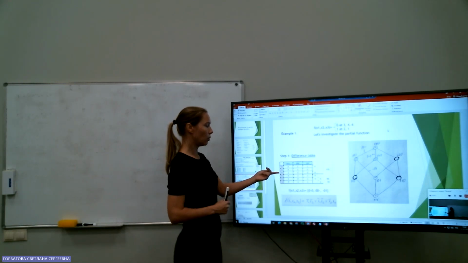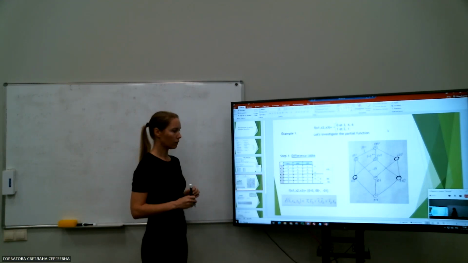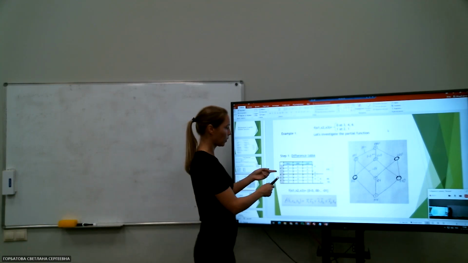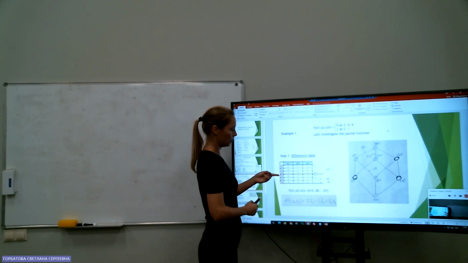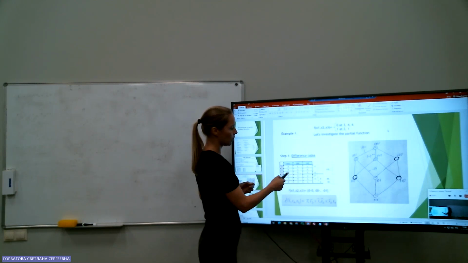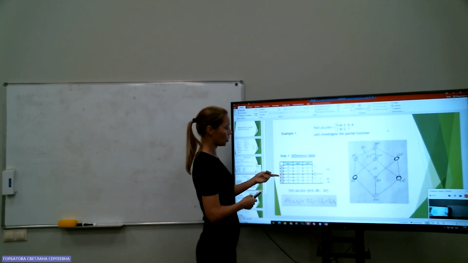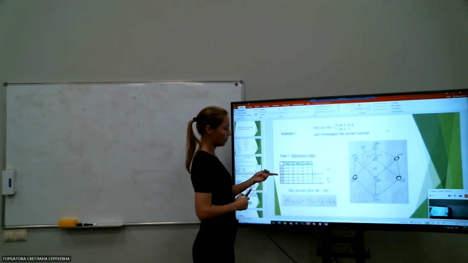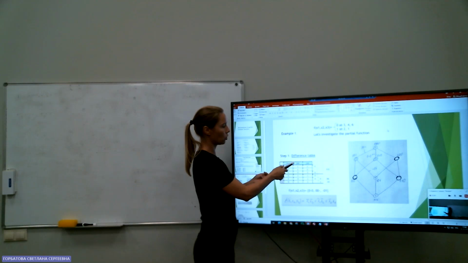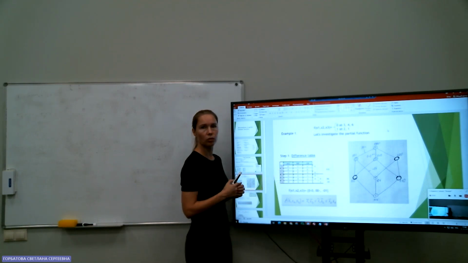The third row, third position of each column. Difference? No. And it is the second subtable, the same situation. The first row, first position of each column. The second row, second position of each column. And the last row, last position of each column.